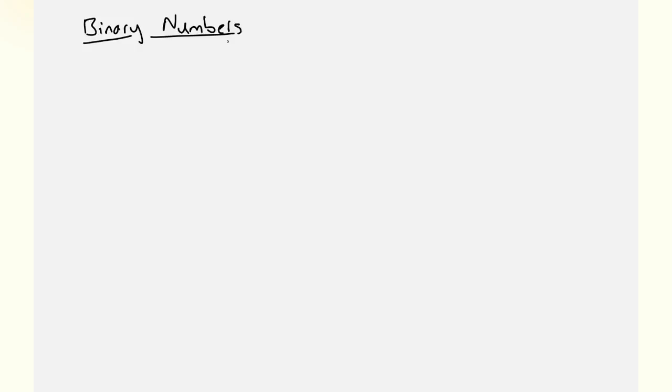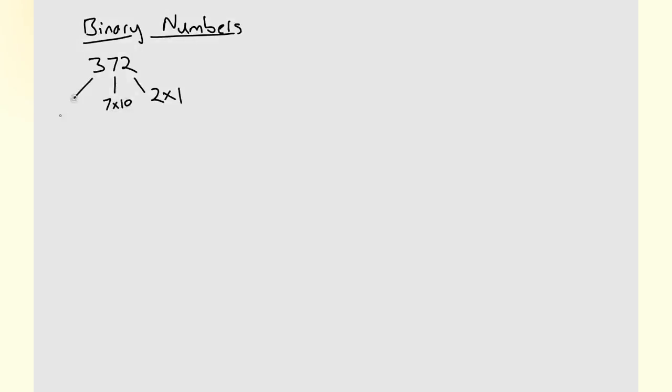In what we call decimal numbers, the normal number system, we could write a number like 372, let's say. What that actually means, you might remember from primary school, is 2 times 1. This bit is 7 times 10.